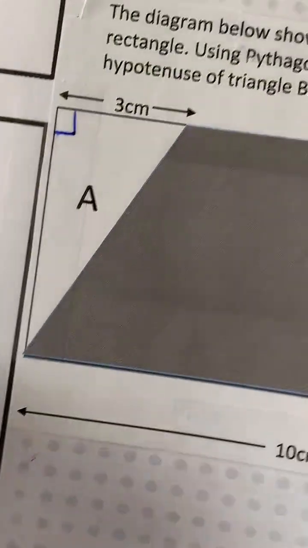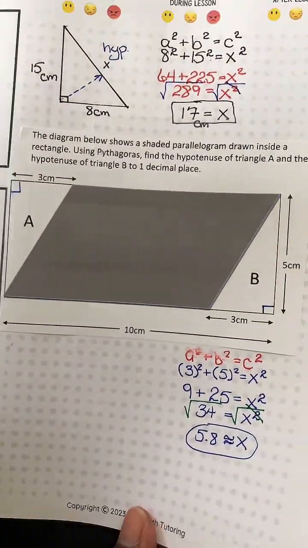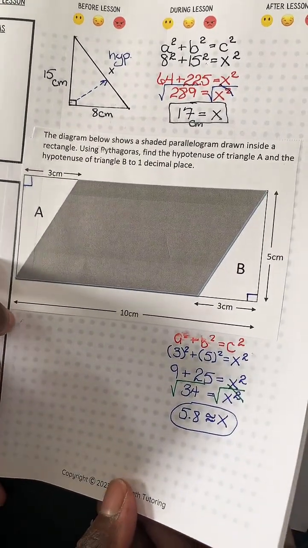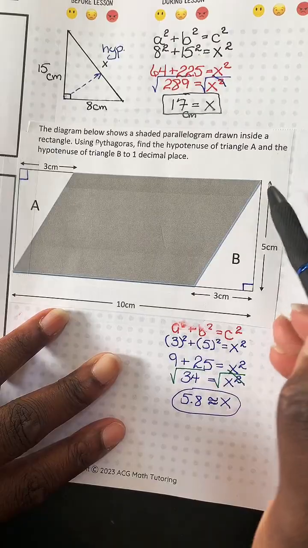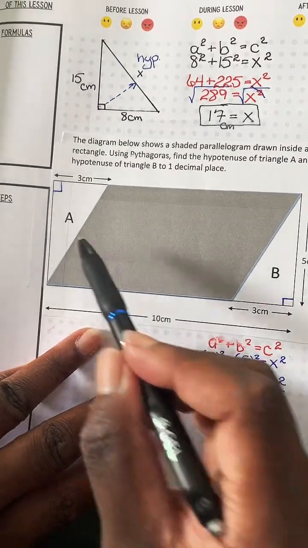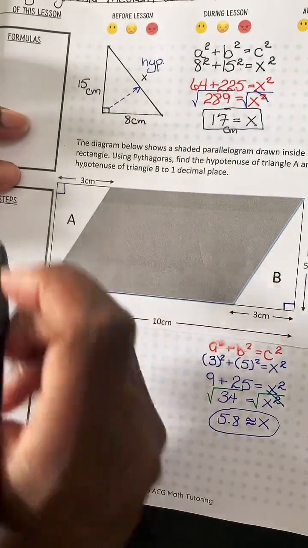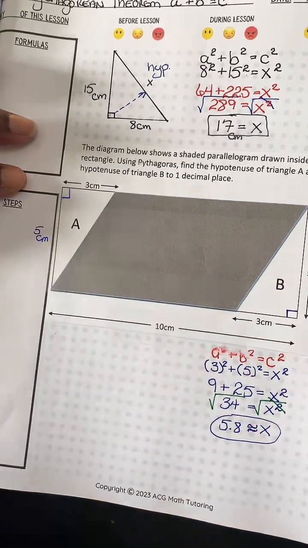If we go back and unzoom a lot, if the length of this is 5 centimeters, that means the length of this side is also 5 centimeters.